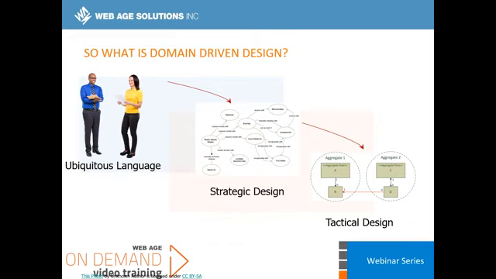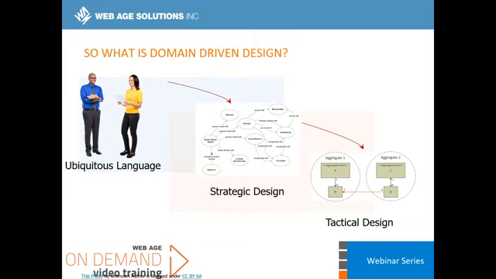On the other hand, tactical design is about solution space artifacts, various objects that you use when developing an application to ensure that the solution is a fit for the problem we're trying to solve.